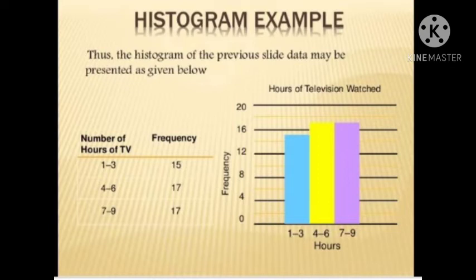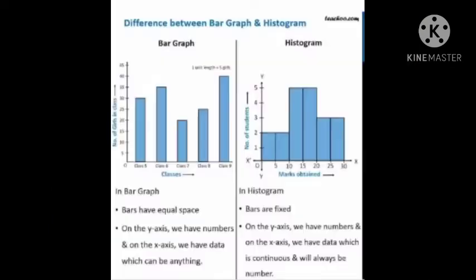You just go through the figure. This is the histogram. In this manner we can represent the given data in the form of closely arranged rectangles. You can see there is no space between the rectangles.